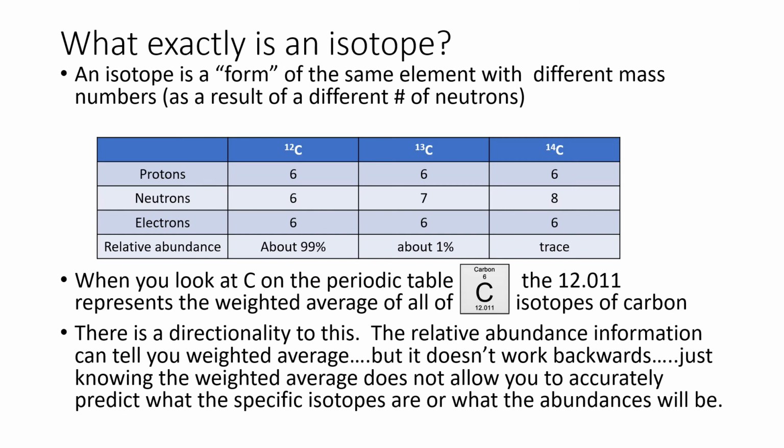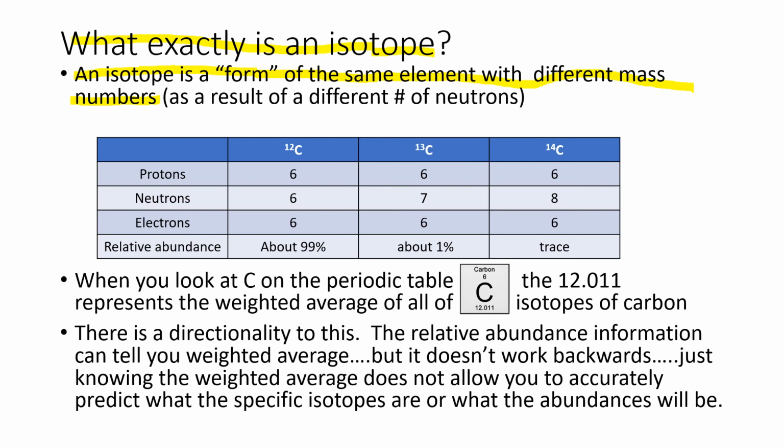So we've used the term isotope quite a bit, but we haven't actually formally defined it yet. So what is an isotope? Well, an isotope is a form or a version of the same element, but with different mass numbers. So how can we have the same element with different mass numbers?